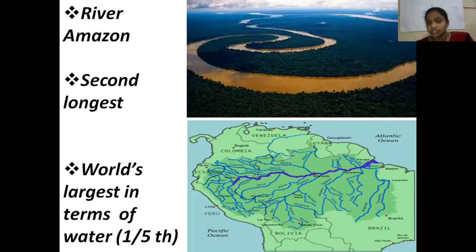In that water, 1/5 of the fresh water is in this river. That's why, even though it is the second longest river, according to the volume of water that it flows, it is the largest river in the world. 1/5 of the world's fresh water you will find in the River Amazon.